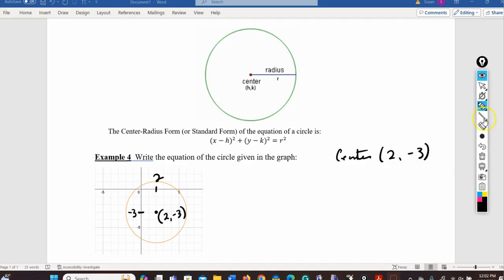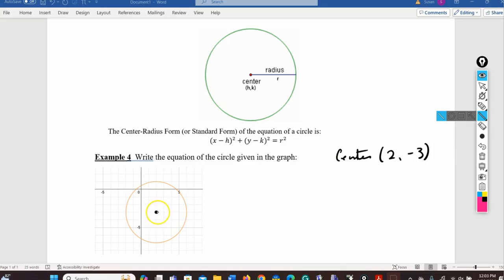And now for the radius, you can measure left or right or up or down. Okay, so let me get rid of this, because the radius is the distance from the center to any point.